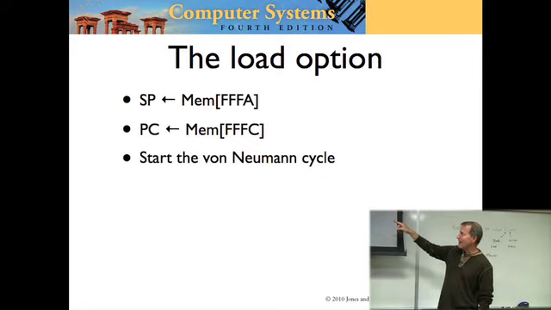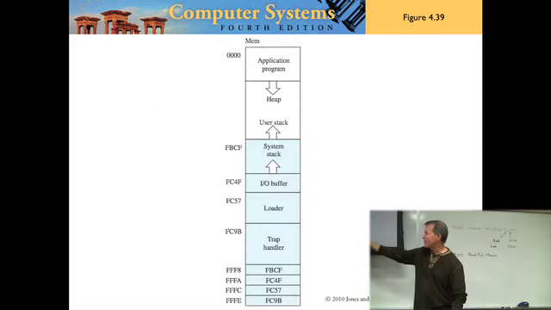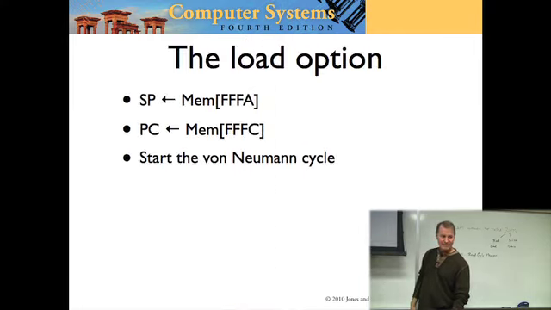The memory at... It goes to mem, what does it say? Mem sub what? That address. FFFA. So it goes down to mem FFFA, and what does mem FFFA have in it? The system stack. FC4F. So do you see that SP gets FC4F?